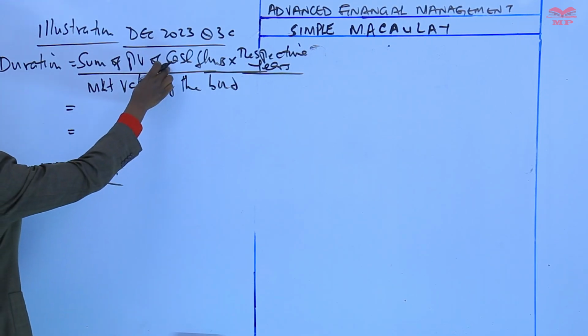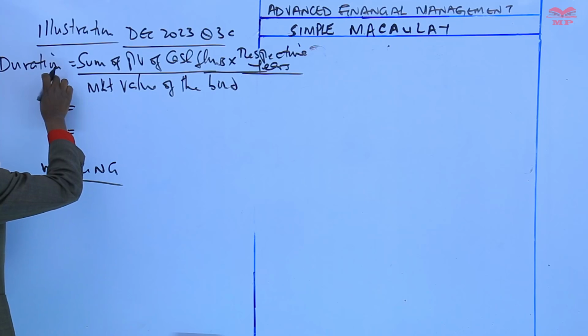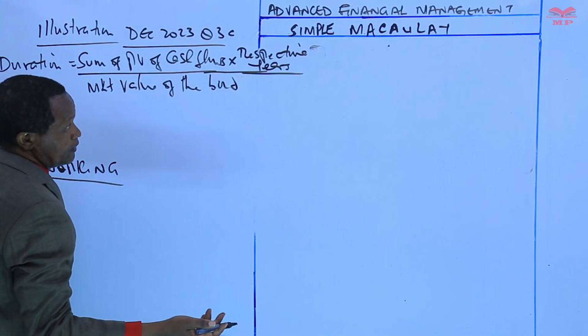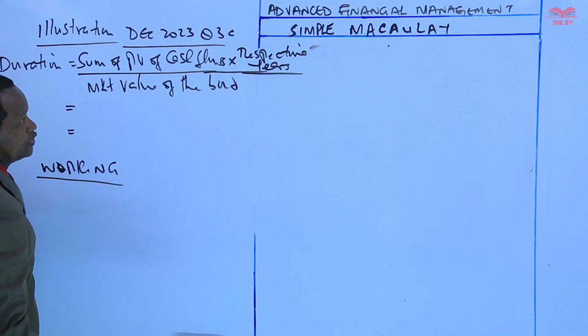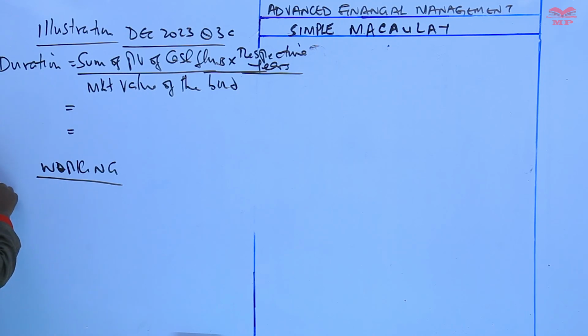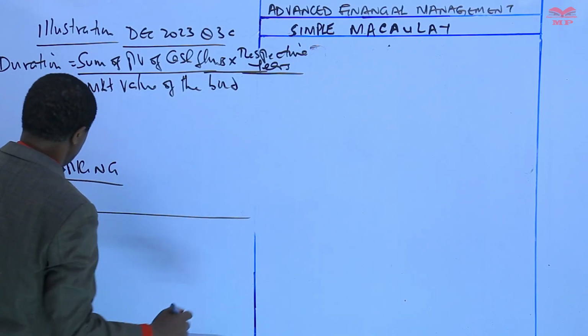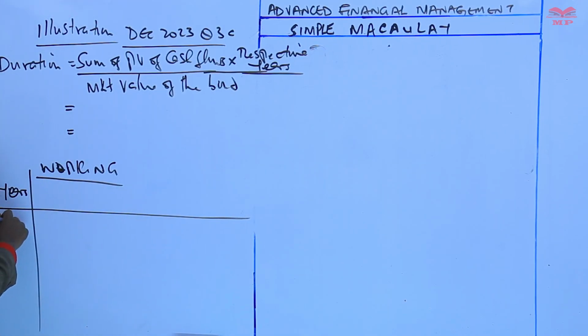Now that we have the formula, to calculate the duration, we get the sum of present value of cash flows, and we know the cash flows will comprise of the coupon, the interest, and the redemption value. So we have the cash flows at the end of every year. And there are how many years here?